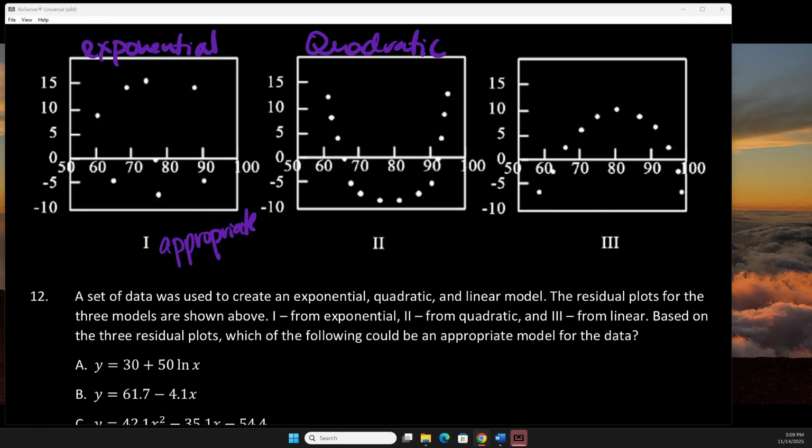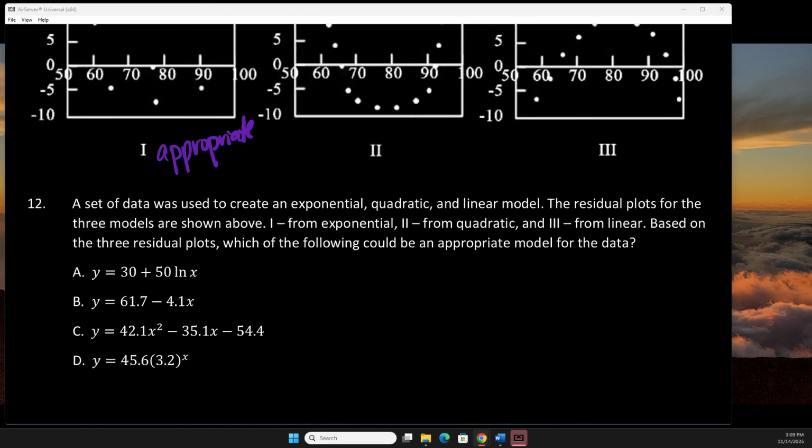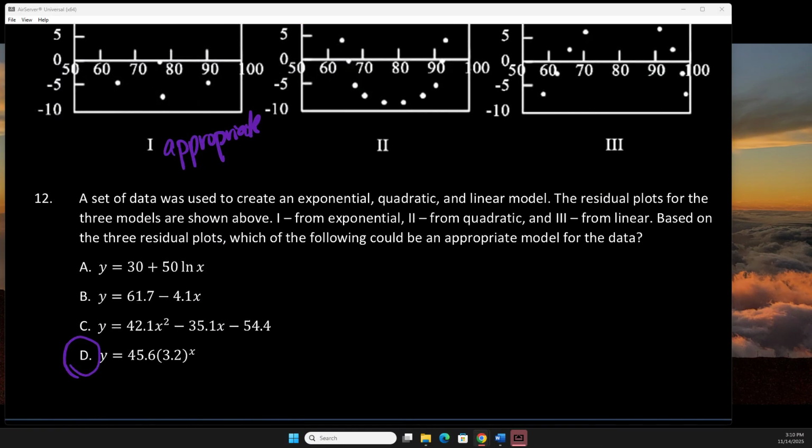And then 3 is the residual from a linear model. So the exponential model is appropriate. And then we look here and see which is the exponential choice, which is D. D is the exponential model. So it's exponential, so then you pick which model represents an exponential.